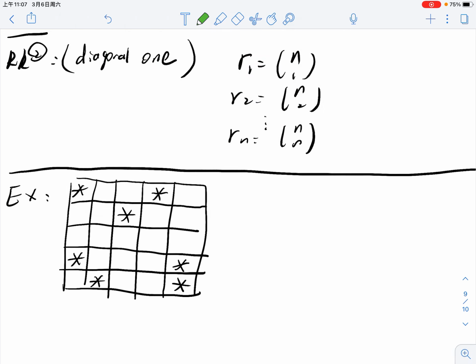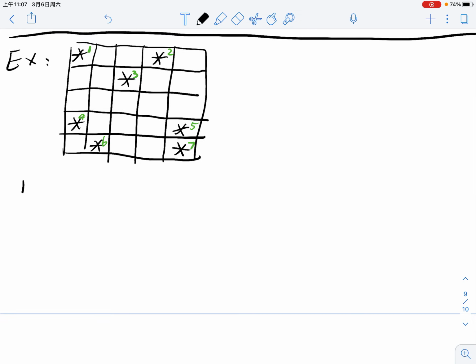And for simplicity, we use some numbers to index the positions 1, 2, 3, 4, 5, 6, 7. Then what is R1? The number R1 is just the set 1, 2, 3, 4 all the way to 7.